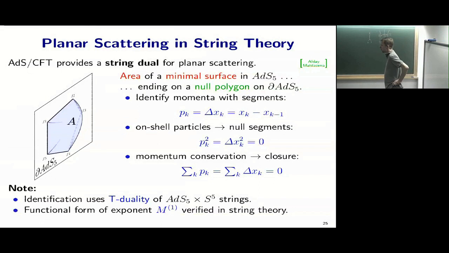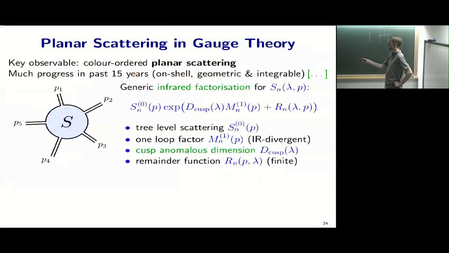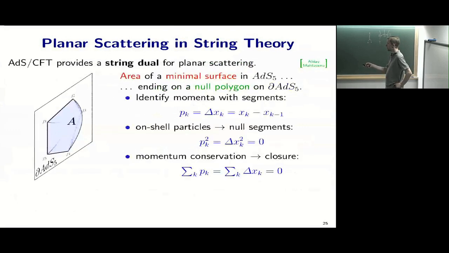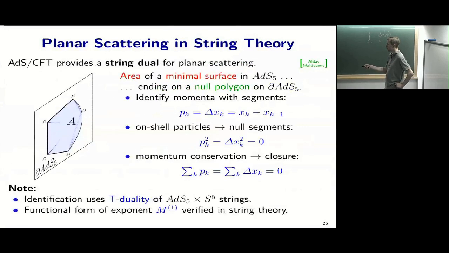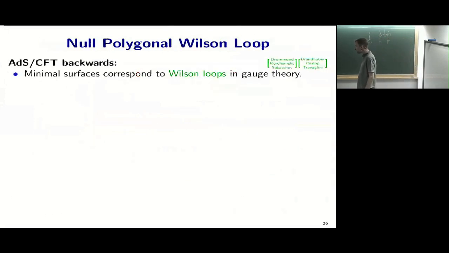The identification using AdS CFT uses a certain T-duality of AdS5 x S5 strings, and then you can even confirm the functional form of this exponent M1 that you have here. That has a nice strong coupling limit, and this has something to do with the area of a minimal surface.